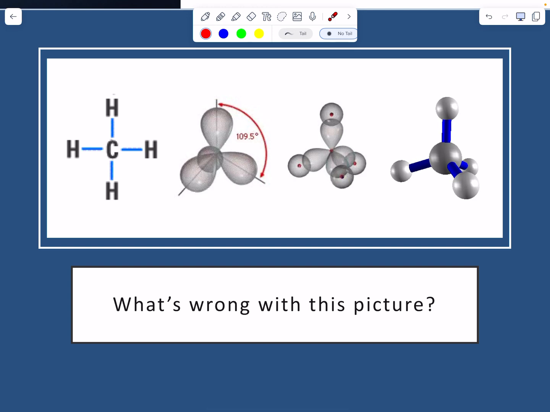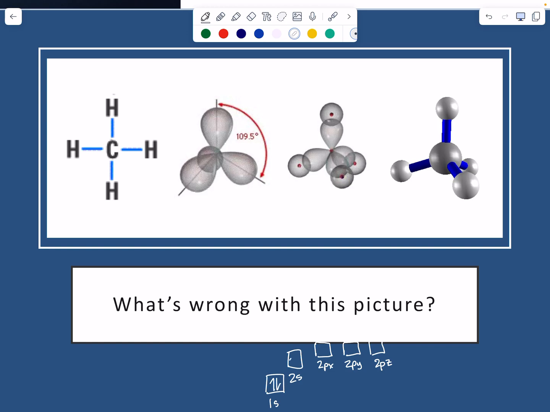So if we want to look at the methane molecule, I'm just going to quickly do the carbon orbital diagram. So carbon has how many electrons? How many electrons total does carbon have? 6.